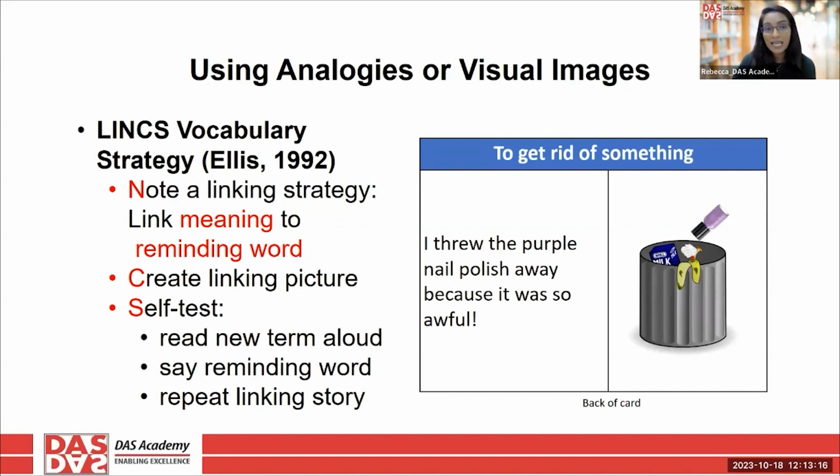The backward test is to think of the linking story, which is I threw the purple nail polish away because it was so awful. That helps them to remember the word, to highlight the reminding word, which is polish, and it links them to the new word, which is abolish. So this is another way to get students to remember new words.